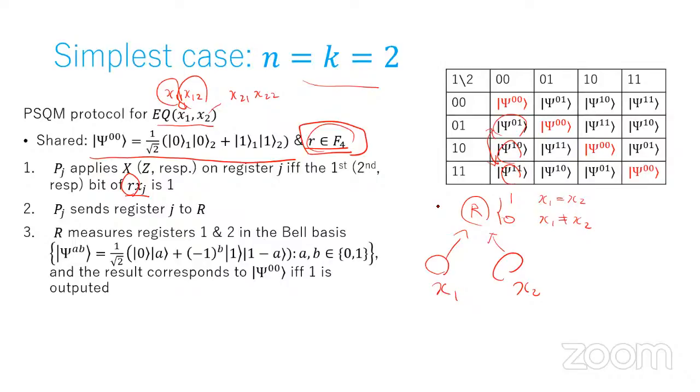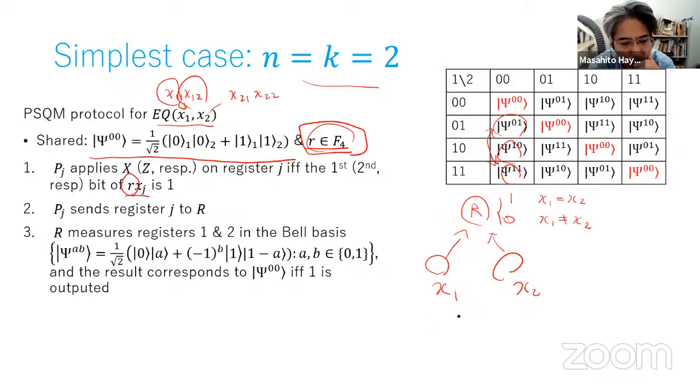But if the two Pauli operations are different, then the states are changed to other Bell states. So basically the result is the same, but our protocol doesn't use the randomness. Yes, I think that's the difference.